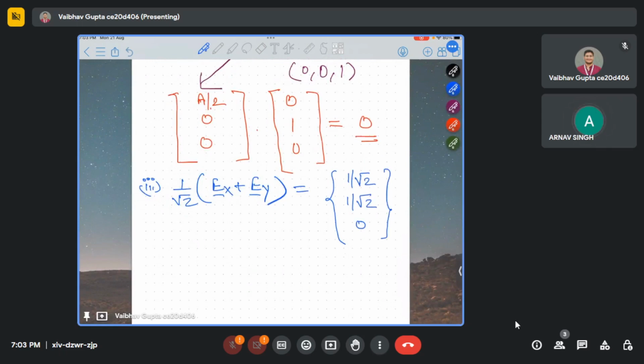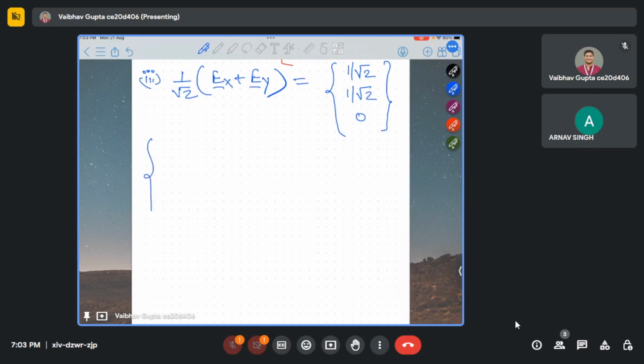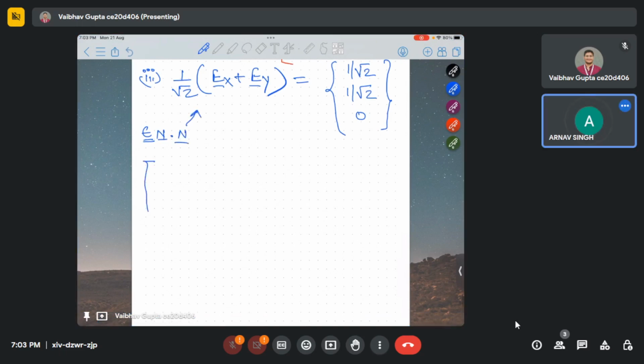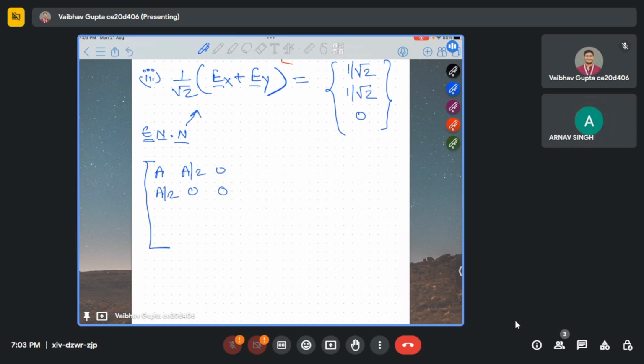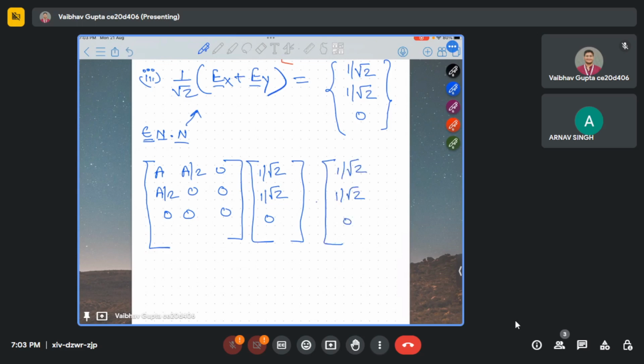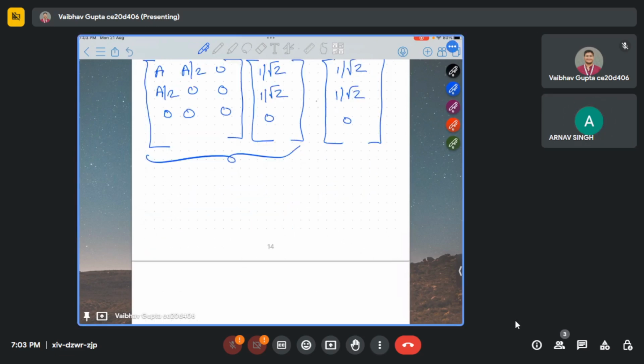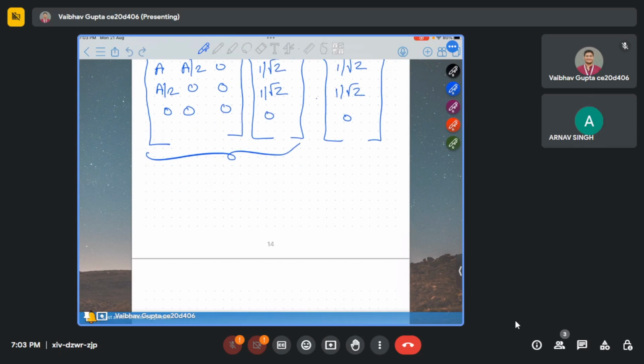So again we'll do change in length, epsilon n dotted with n. Our n is this. So again we'll write A by 2, 0, A by 2, 0, 0, with 1 by root 2, 1 by root 2, 0, dotted with 1 by root 2, 1 by root 2, 0. We'll multiply these two first. So what we'll get?